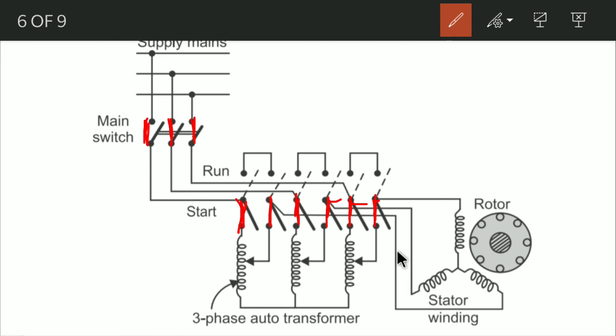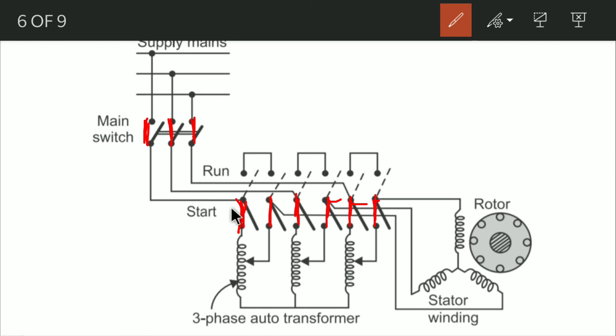Now the voltage across the motor is voltage across these turns. This much voltage is applied across the stator winding. Therefore stator current is reduced by that value by which we reduce the supply voltage by auto transformer.